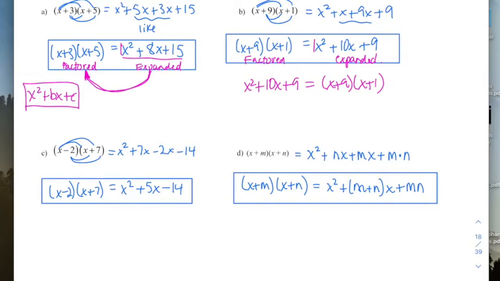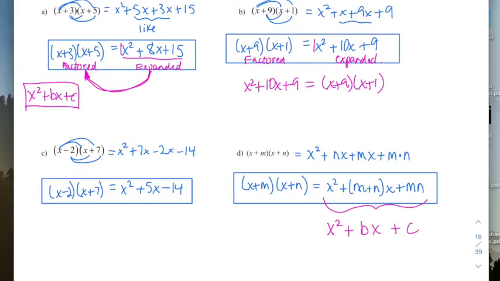For example, this trinomial still has the form x squared plus bx plus c, even though m plus n, we have to add those together to get our b term. So when I expand x plus m times x plus n, I still get x squared plus bx plus c.